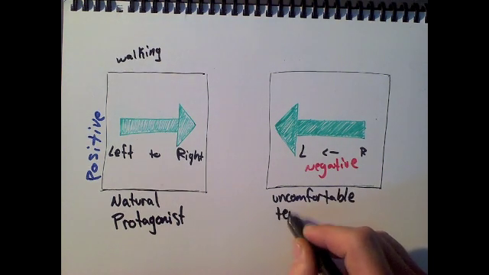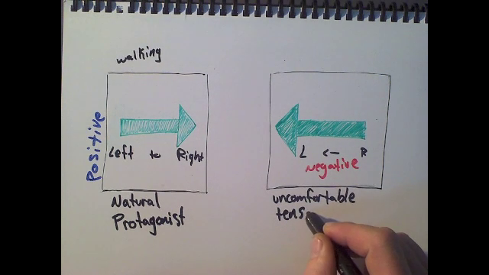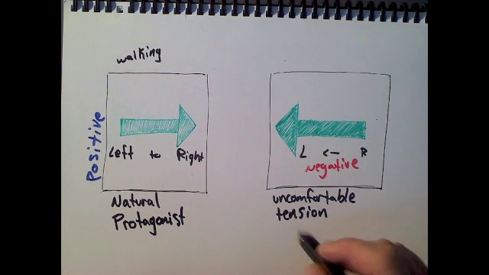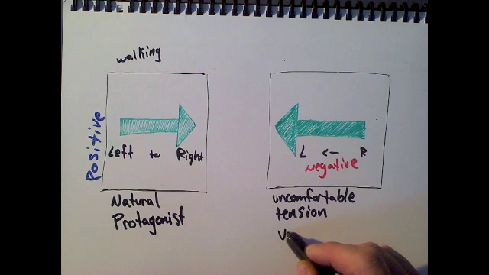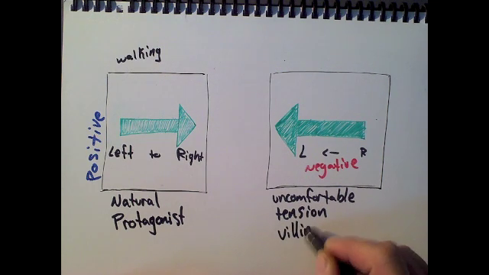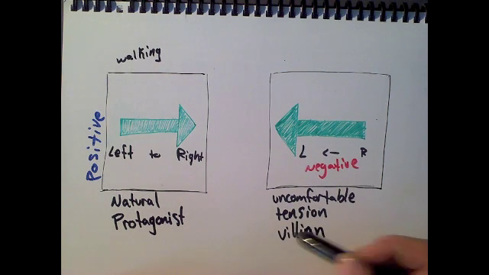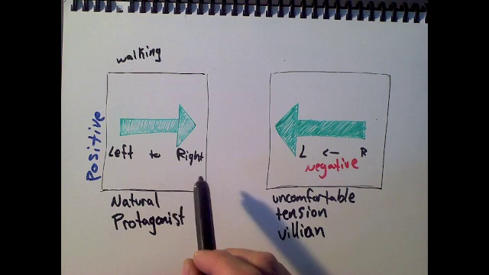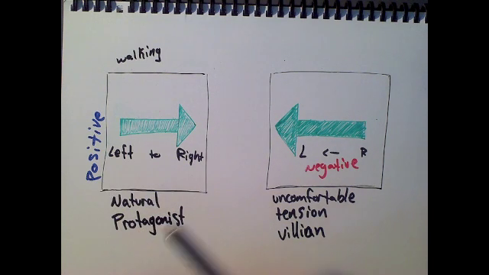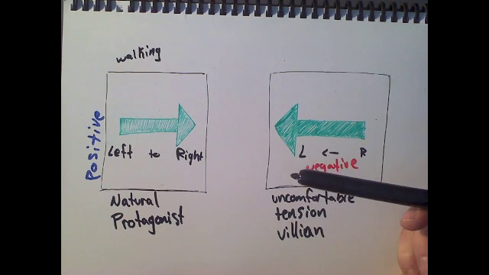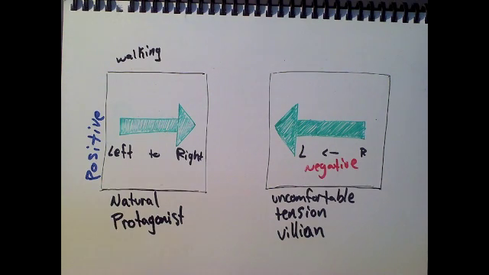Often it creates tension, and a lot of the times you find that a villain or antagonist will travel in that direction or make movements that way. So just remember, left to right is positive and natural. It's the direction in which we read. Moving from right to left, however, creates a tense and unnatural feeling.